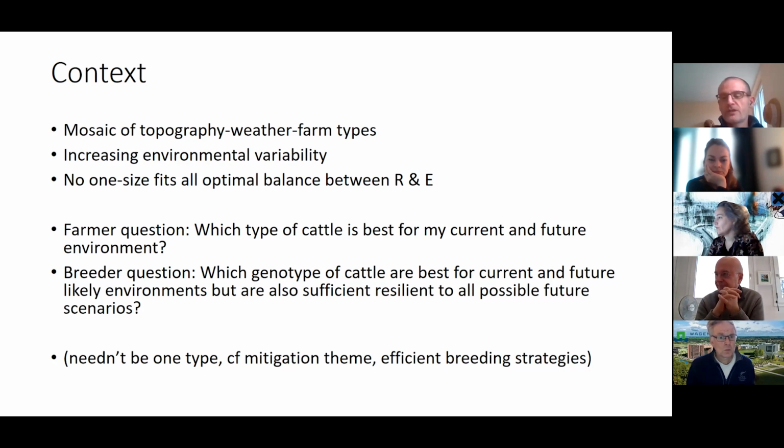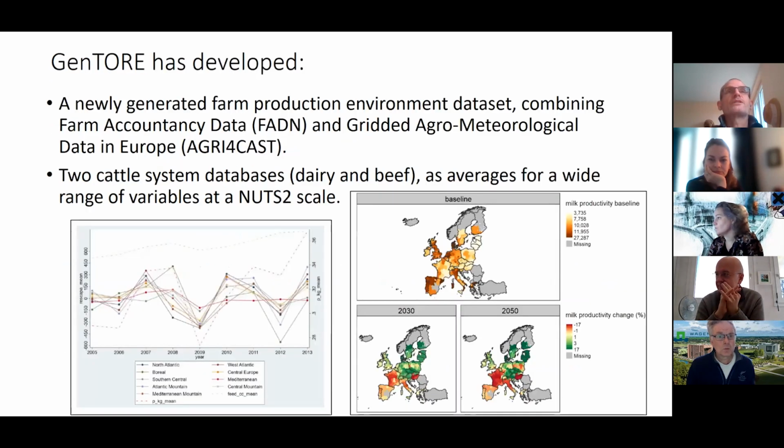So in that context, GenTORE has developed some very nice work on quantifying environments. GenTORE produced in Work Package 1 a data set which combined farm accountancy data and agro-meteorological data into one set, and then published two databases, one for dairy and one for beef. And you can see the kind of results you can draw from those data sets.